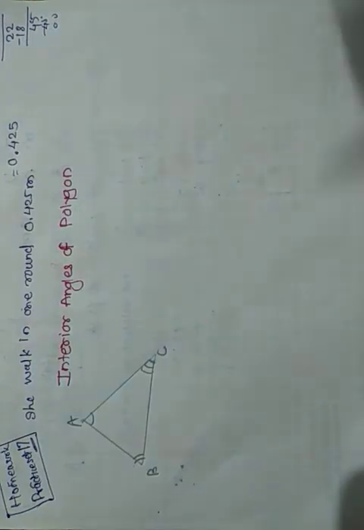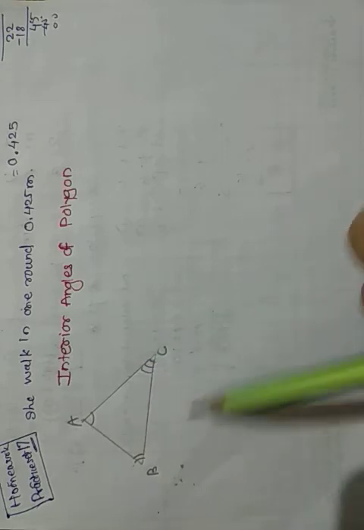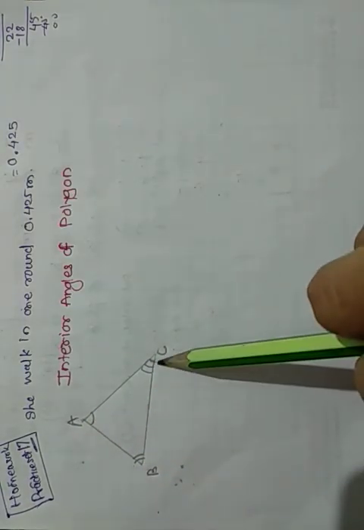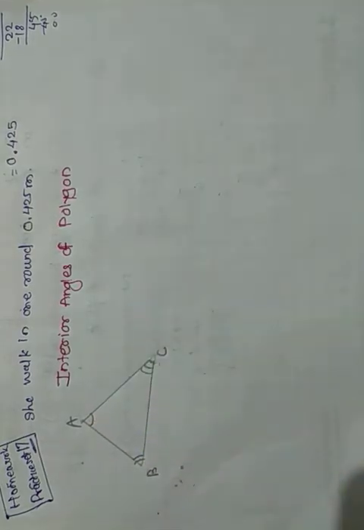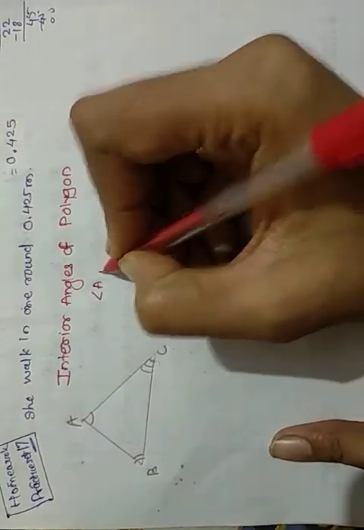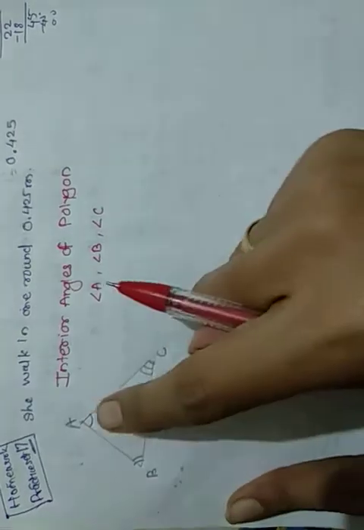Suppose this is a triangle ABC. In this triangle there are three angles, angle A, angle B and angle C, and these are the interior angles of triangle ABC.